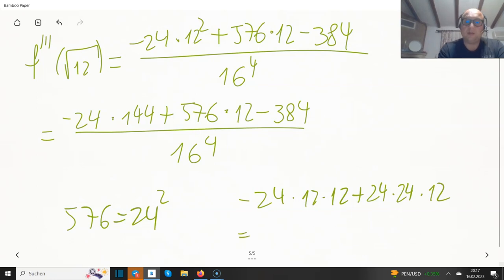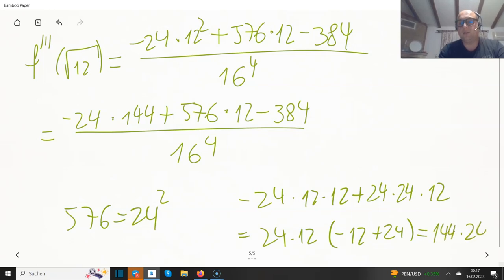That's great, because I can take 24 times 12 out. Minus 12 remains here, and plus 24 remains there, which is great. I have 12, 12, 24. So 144 times 24. This is way more than 384. So this number is for sure positive. No problems. This is point of inflection 2.